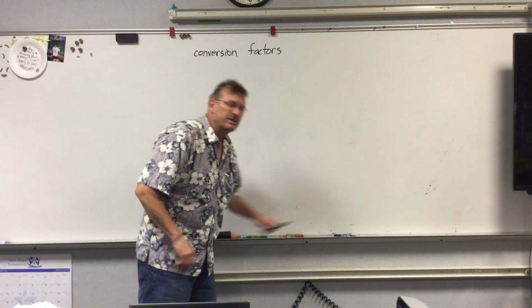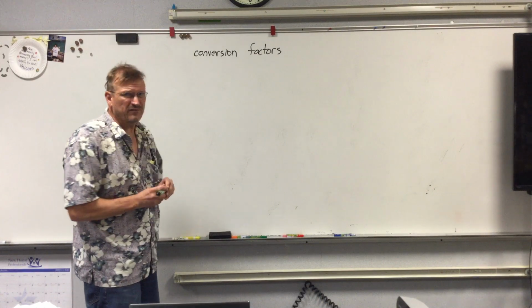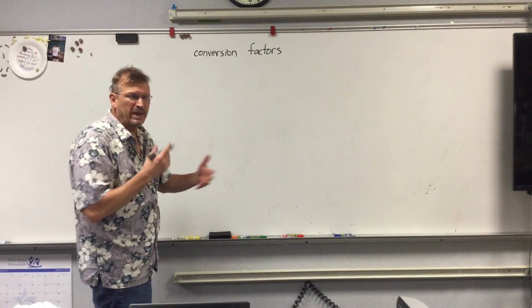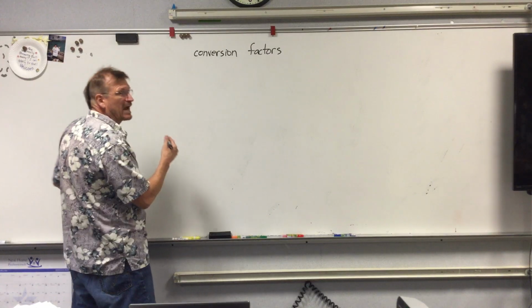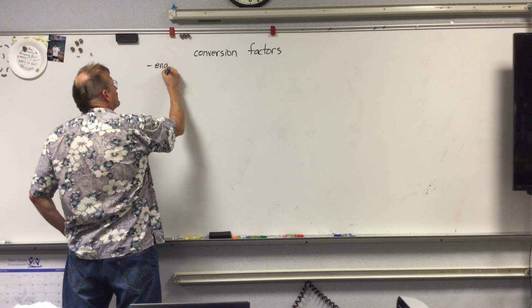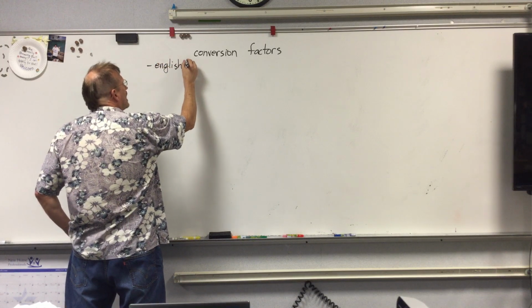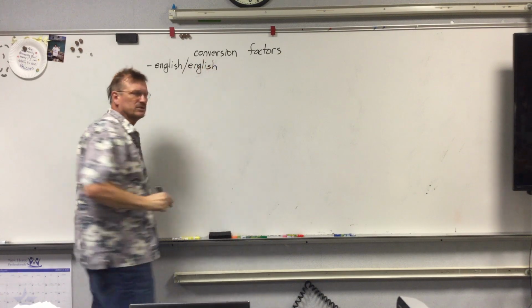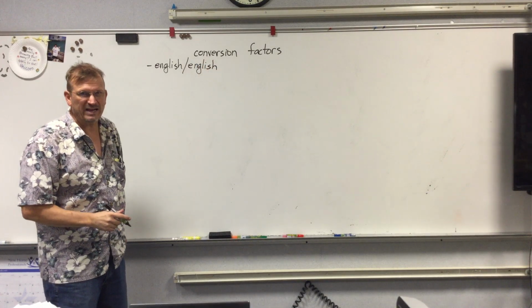Now, there are 3 categories of conversion factors that I want to highlight. And it's the last one where we have to do a little bit of work or practice. One type I refer to as English to English conversion factors.